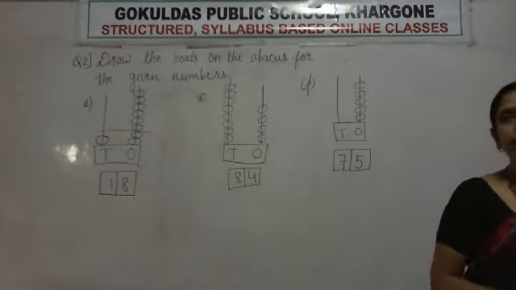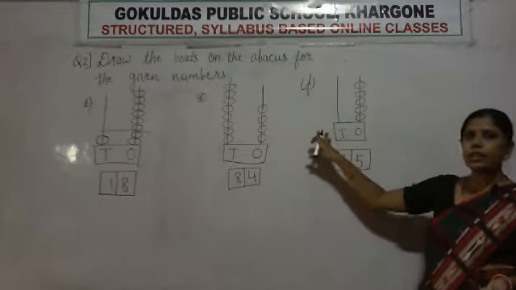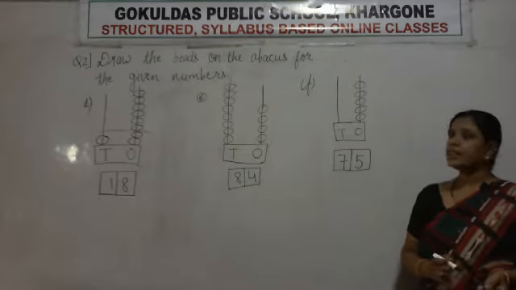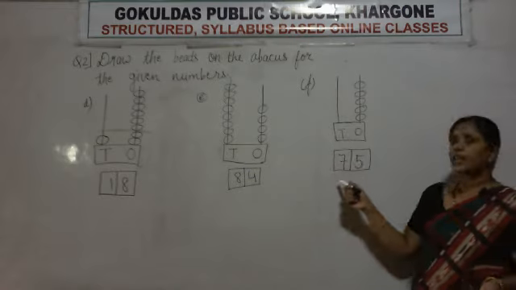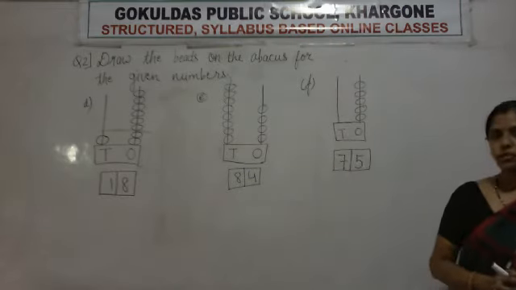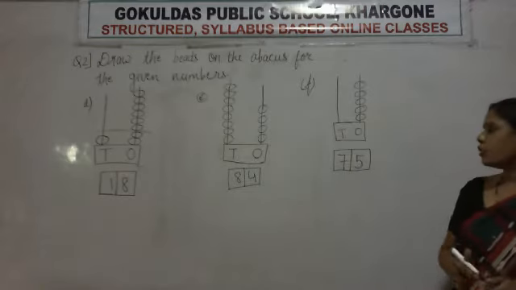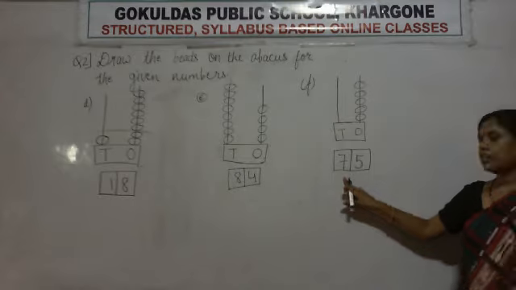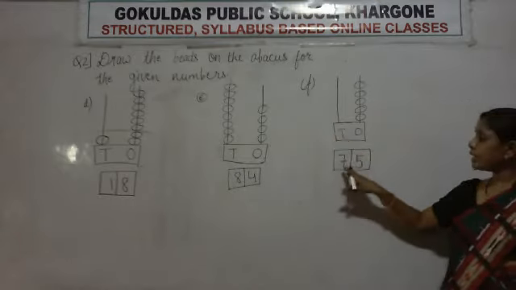Now what is our second step? That we draw the number of beads given at tens place. Sorry, what is the number at tens place? Number 7.